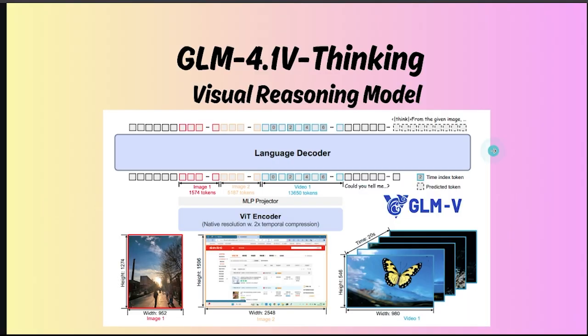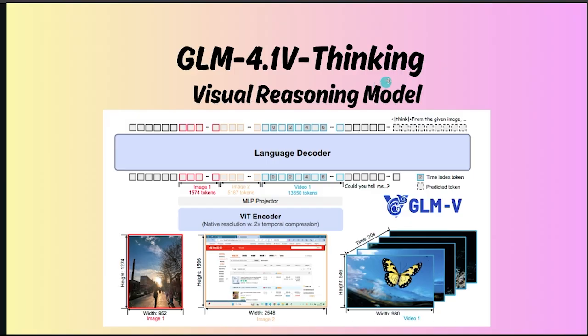Okay, let's go on. Next model is GLM 4.1V Thinking, which is a visual reasoning model. I feel like visual reasoning is still a bit underexplored, but there have been a lot of papers looking into it, but not really a lot of popular models coming out from that, at least in my feeling.